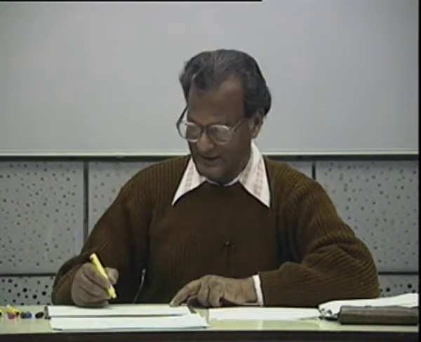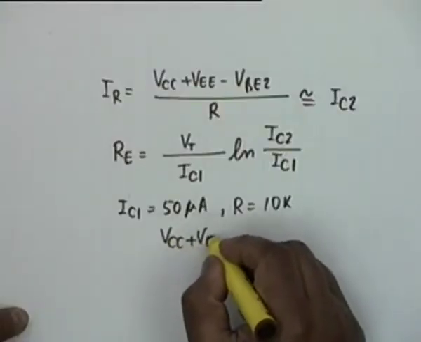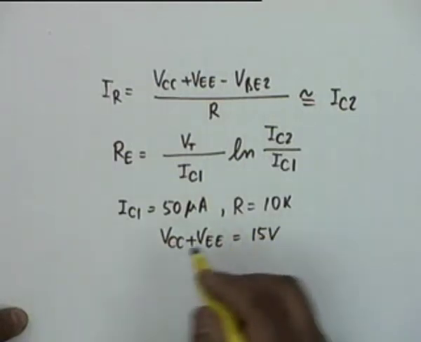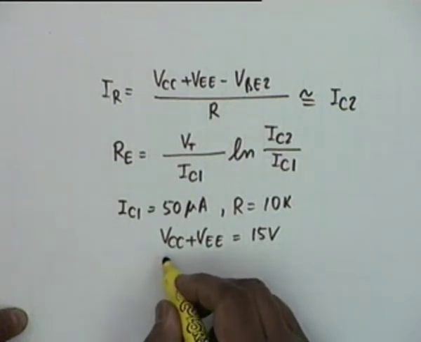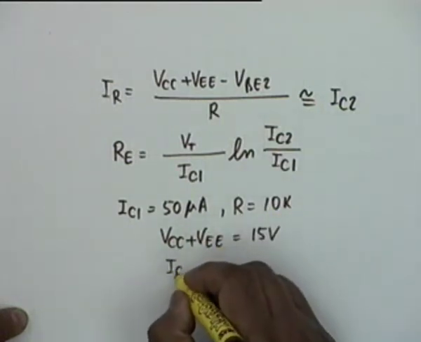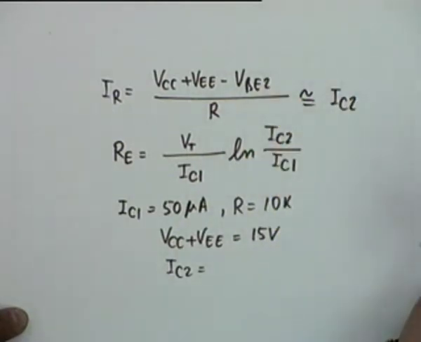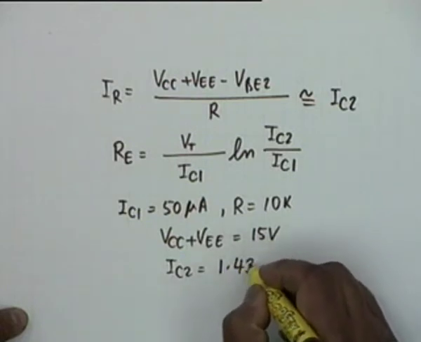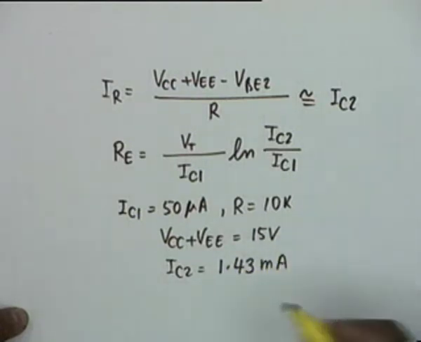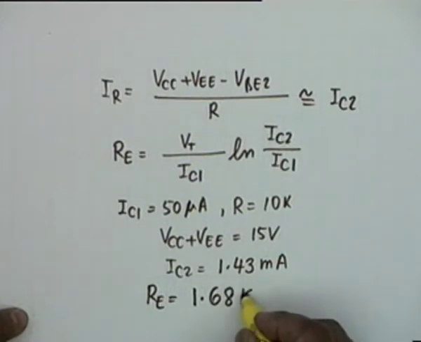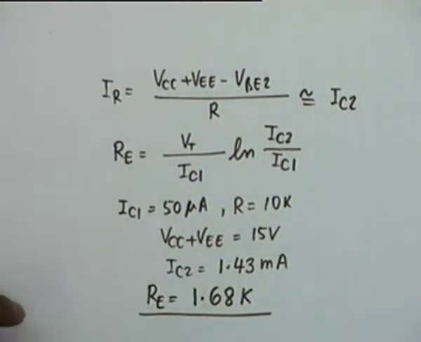If R is 10K and VCC plus VEE is 15 volts, let's say, then IC2 or IR becomes 15 minus 0.7 divided by 10K, which is 1.43 milliamperes, and RE calculates as 1.68K, which is indeed a low resistance.